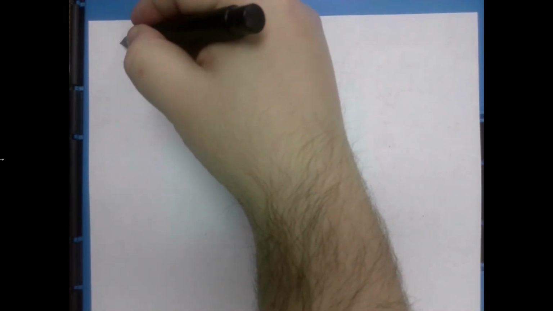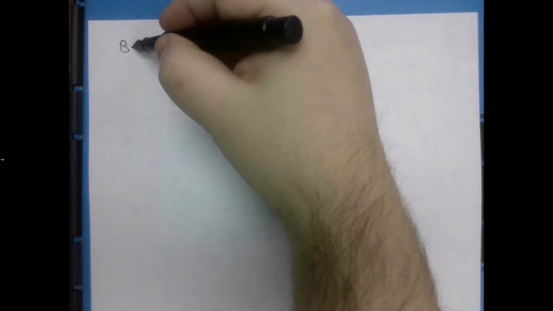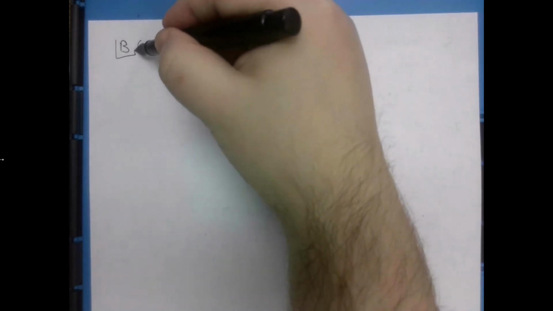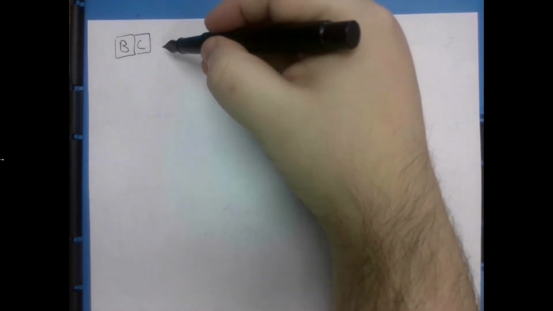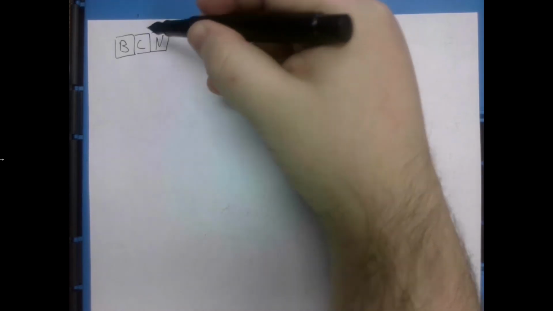So, oxyanions. If we look at the periodic table, the most common oxyanions are all grouped together.